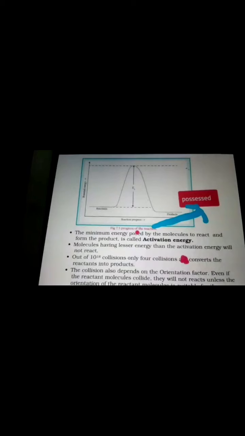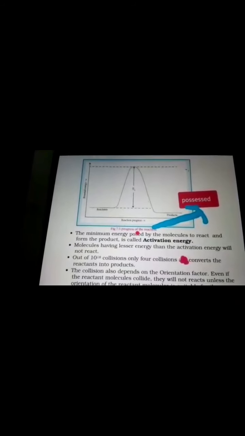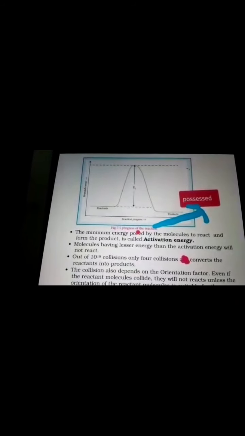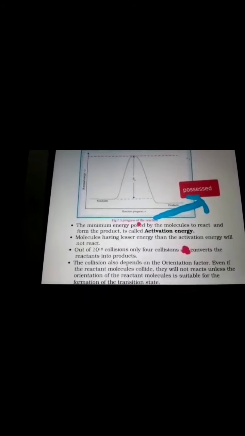Now we are going to see the diagrammatic representation of the progress of the reaction. Along the y-axis we have the potential energy, and along the x-axis we have how the reaction proceeds. Here you have the reactants. The reactants must possess a minimum amount of energy to cross this barrier and get converted into product.